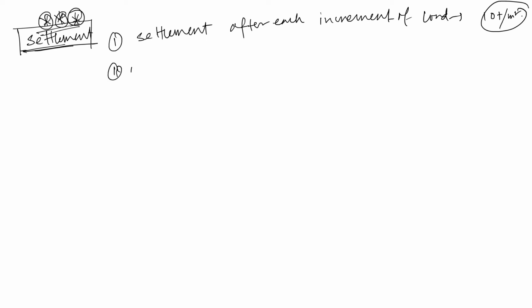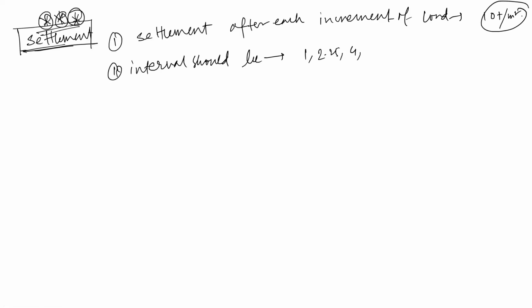So the interval should be 1 minute, 2.25 minutes, 4 minutes, 6.25 minutes, 9 minutes, 16 minutes, 25 minutes. After that, 30 minutes interval.